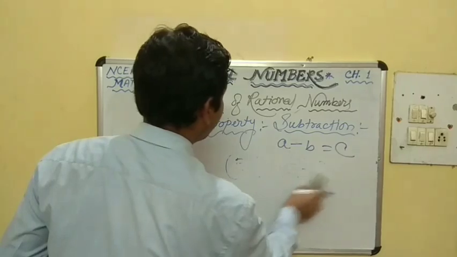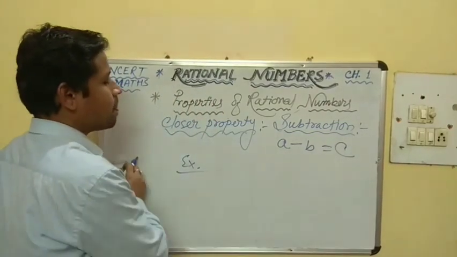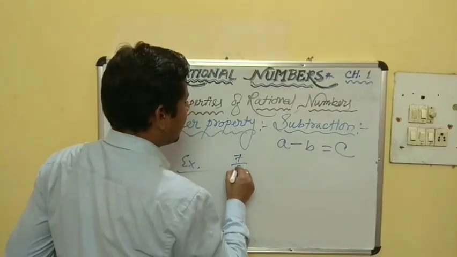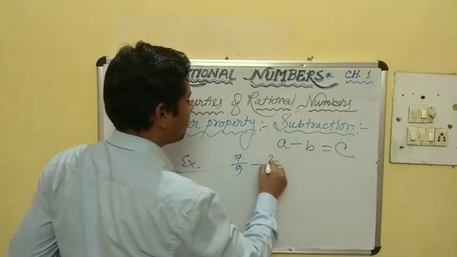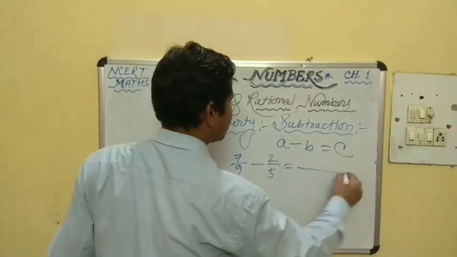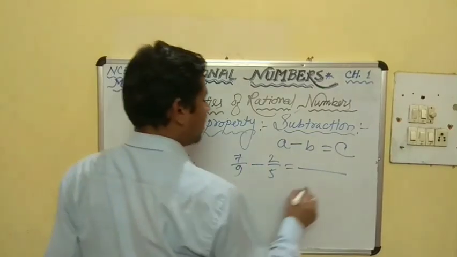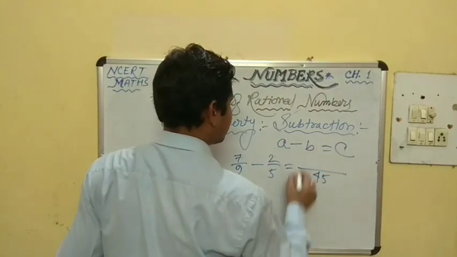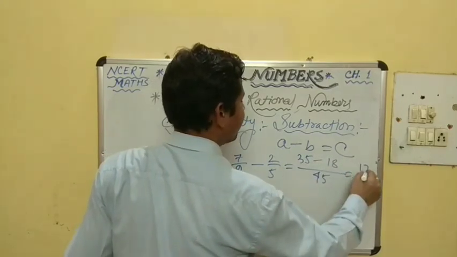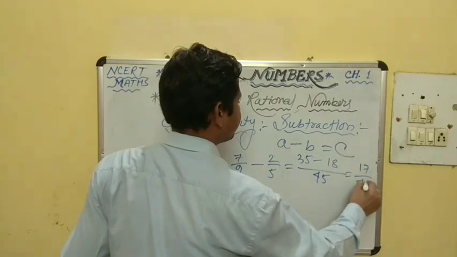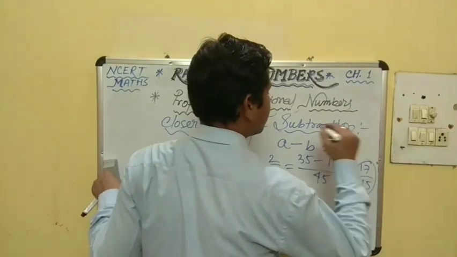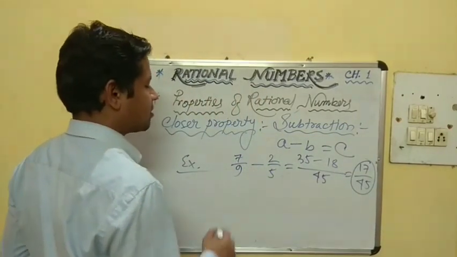If we take the exact p by q form, then let 7 upon 9 minus 2 upon 5. If we subtract, then the LCM of the denominators is 45, so 35 minus 18, that is 17 upon 45. This is the result of subtraction.